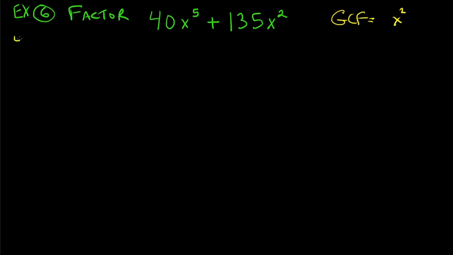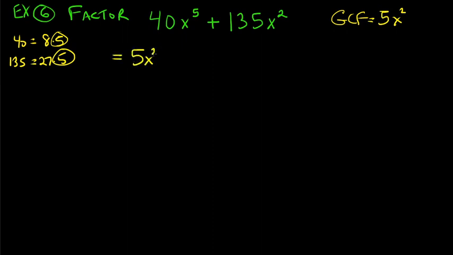So 40 is 8 times 5, and 135 divided by 5 is 27. So 27 times 5. So they both have a 5 in common here. So the GCF is 5x squared.